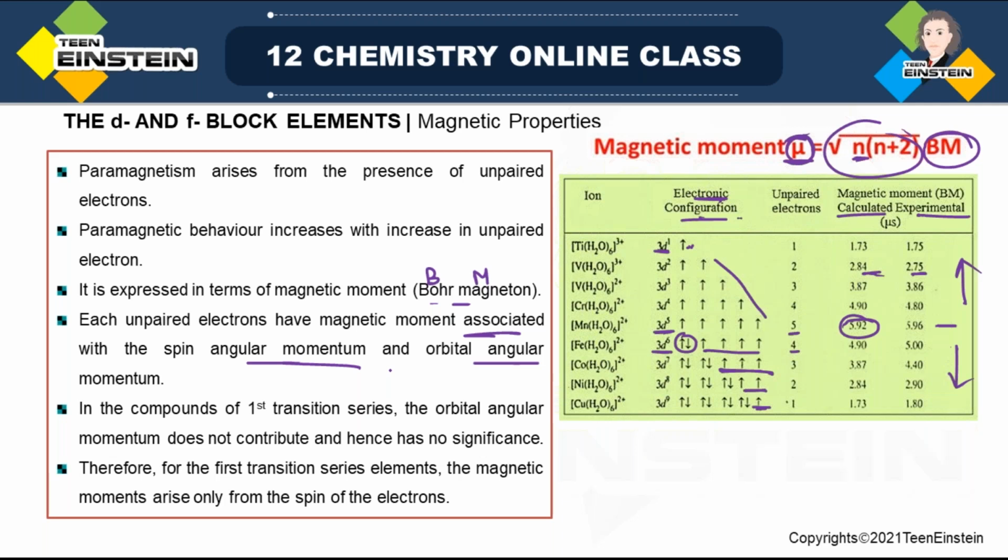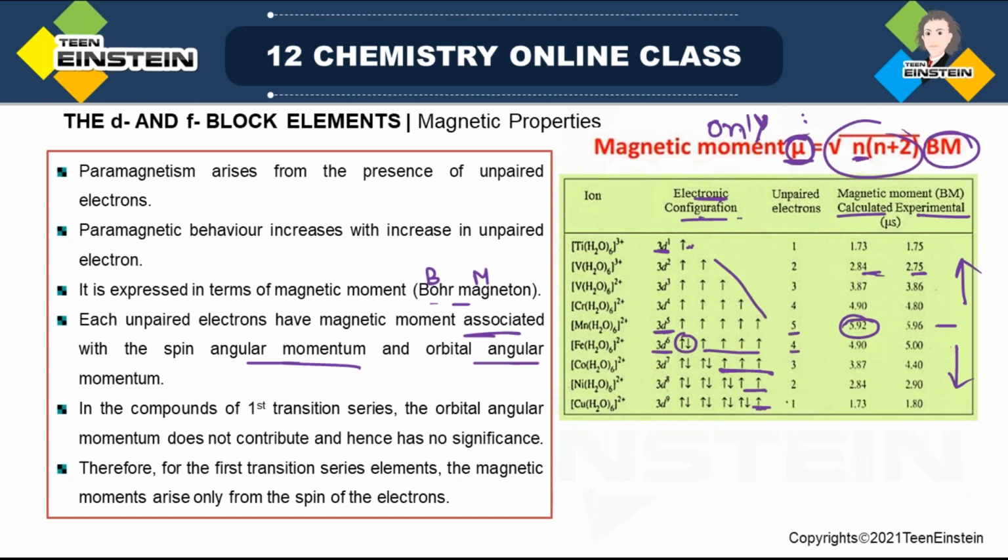You can compare this type of motion with the motion of the Earth. It is spinning on its own axis as well as spinning around the sun. So here also two different types of motion are there, and that is why two different angular momenta will be generated. But this formula, root over n into n plus 2, is based on only spin.